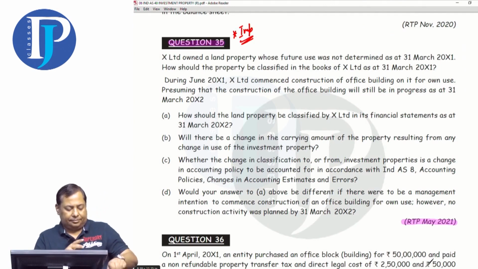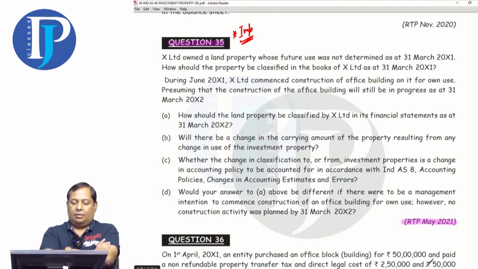Question number 35. In this question, there are 4 points in the case study.